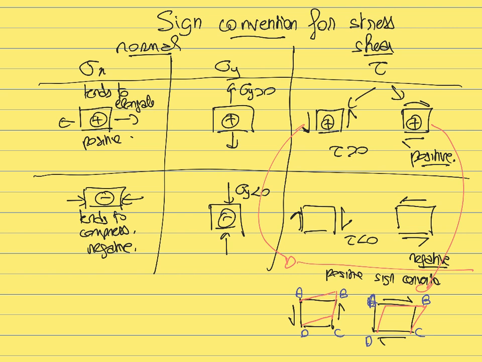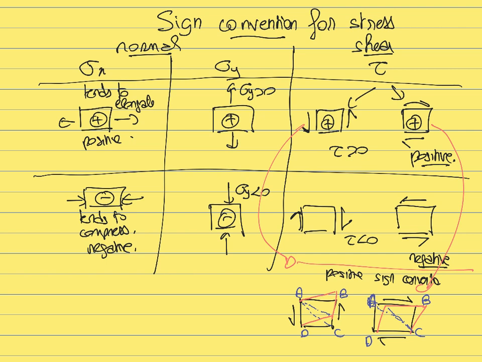Now to compare those two deformations, let's look at the distance between A and C and the distance between D and B. If we look at this deformation here, the distance between A and C becomes smaller after the deformation than it was before. And same thing if we look at this case here, the distance between A and C also becomes smaller after the deformation than before.